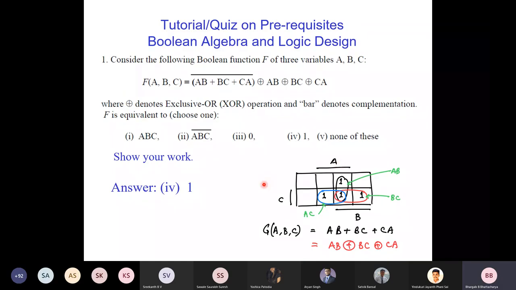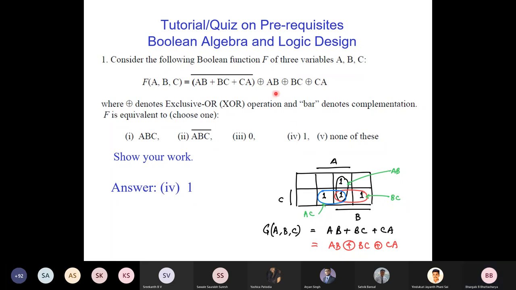So you are familiar with this kind of map, right? So if I have AB plus BC plus CA, the minterm distribution on the map would look like this. Correct? So now, suppose we consider two product terms here. One is AB and the other is BC.